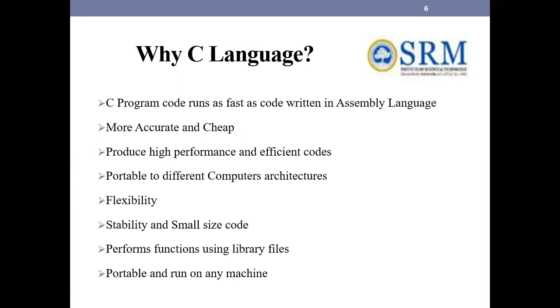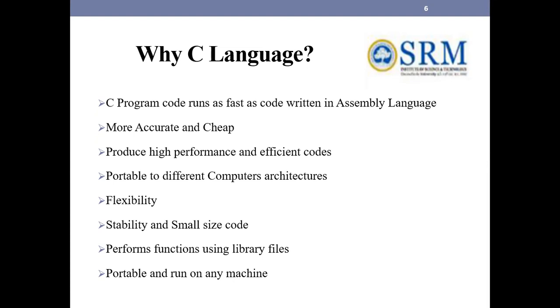It is more accurate and very cheap. So we can buy a licensed C language and use it. The cost is very low compared to other languages, and it is very accurate, producing high performance and efficient code. So it can solve complex problems with a minimum number of instructions.